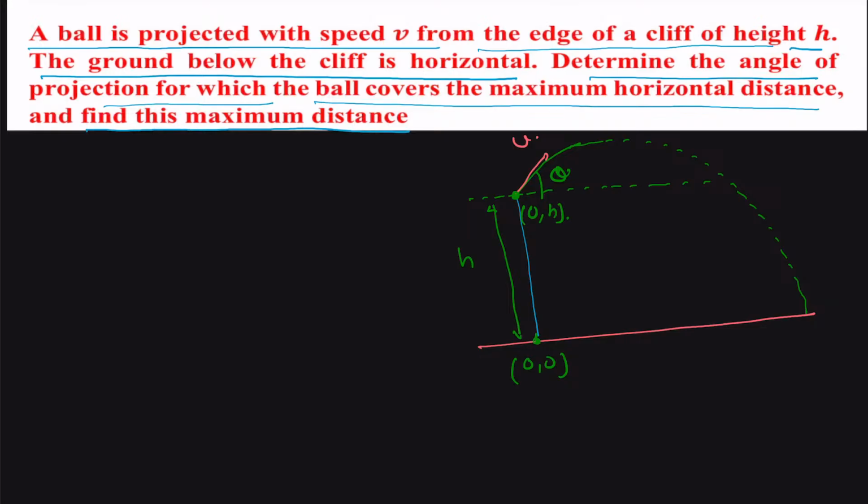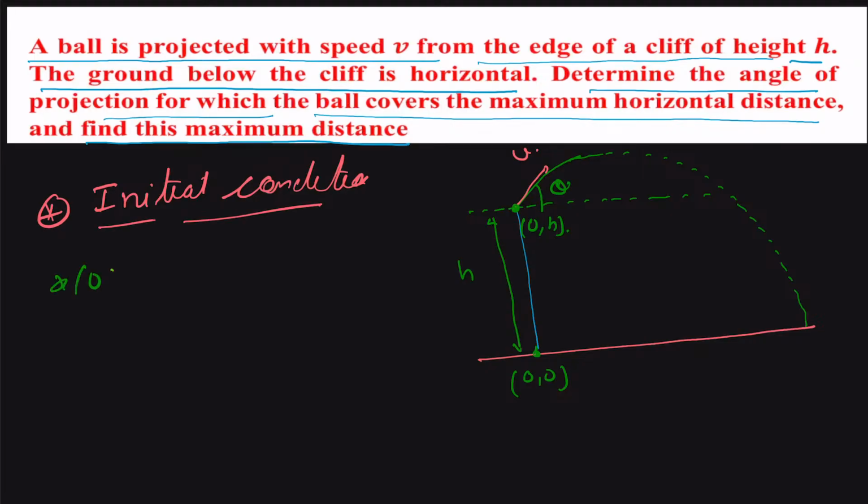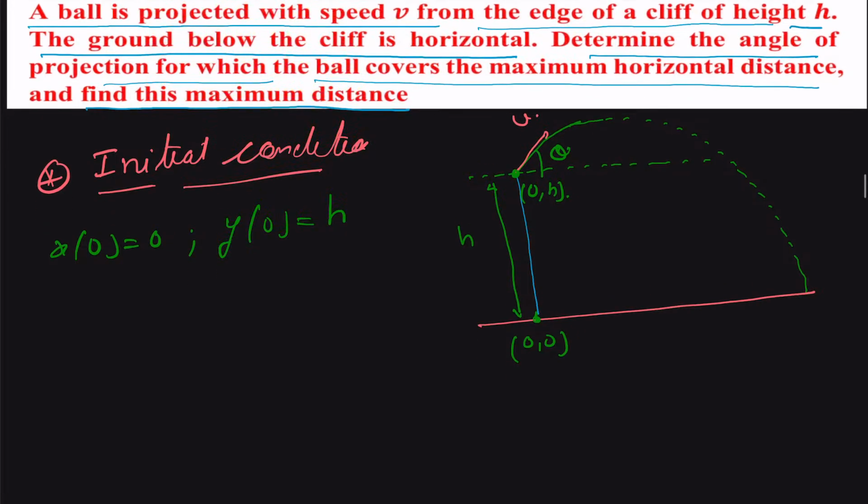So we can write our initial condition: x at time t equal to 0 is 0, and y at t equal to 0 is at a height of h. So this is our initial condition, and we can define the velocity components.